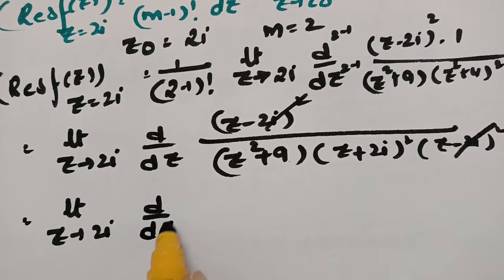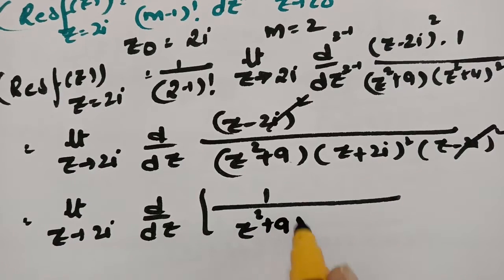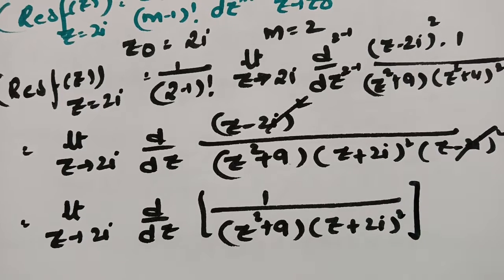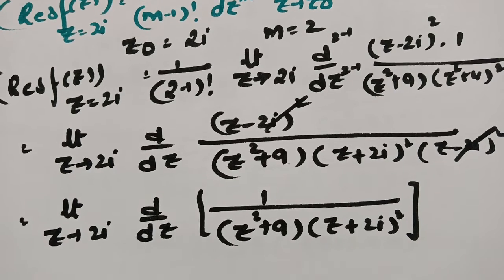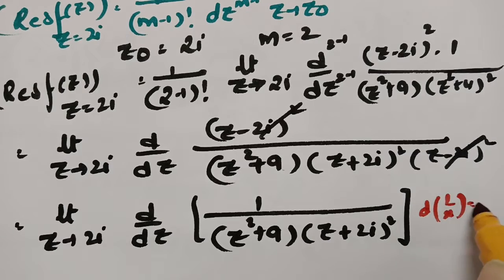The derivative of this one is 1 over (z square plus 9) into (z plus 2i) whole square. Clear? Now I am going to solve this one. Before solving, you need the derivative of 1 by x. The derivative of 1 by x is nothing but minus 1 by x square.